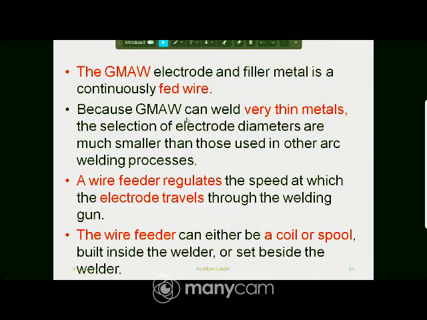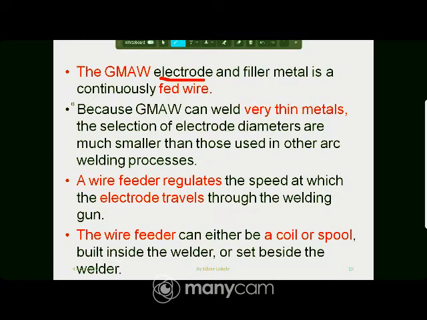Another piece of equipment is the electrode, a consumable electrode or continuously fed type. This electrode is used as a consumable filler material. We call it the gas metal arc welding electrode, and the filler metal is a continuously fed wire through the welding gun.